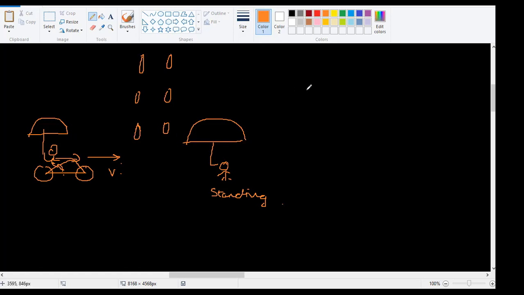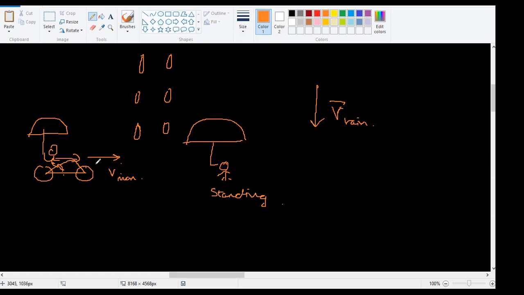the velocity of the rain will be shown like this. And the velocity of the man is shown like this. Now carefully look at this.